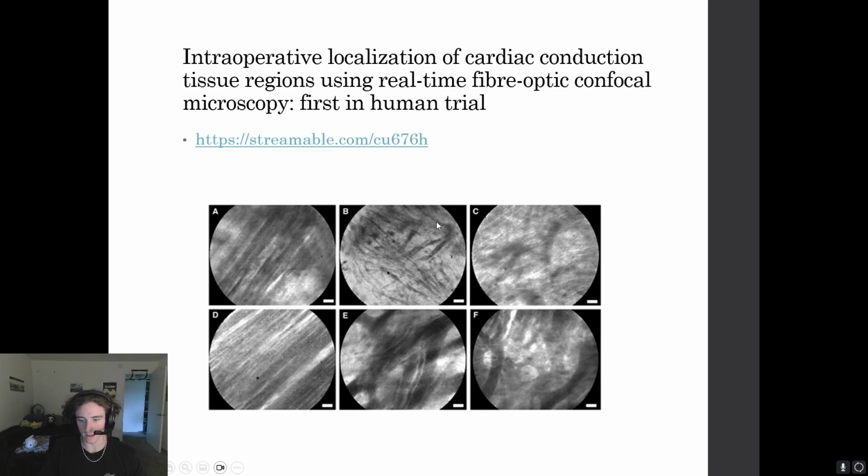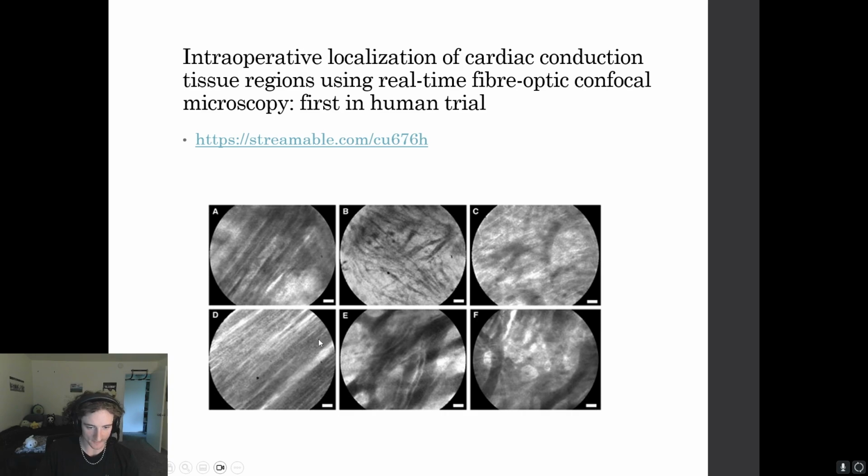What do we see here as we enter that sinus node region? Well, it's a lot more reticular, right? It looks like a net. It looks like this rather than that striated tissue. So we see a lot more reticular tissue as we enter this sinus node region. Okay. Now, what do we think this is? This is going to be that atrial tissue, but it's approaching the working myocardium as we approach the AV node.